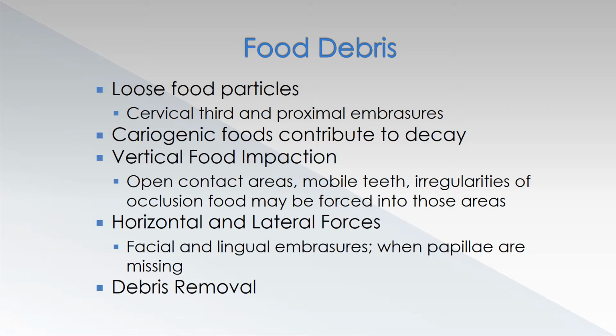So think of those patients with a lot of recession, okay? And then as far as removing it, this can be removed with a toothbrush and interproximal biofilm removing devices such as Proxabrushes, floss, toothpicks, things such as that.